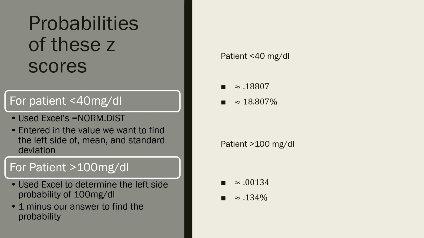That's for everything on the left side. So once we get that number, we do 1 minus that number, which ultimately gives us 0.00134 chance, or 0.134% chance, which is really, really low according to the patients that we have received.